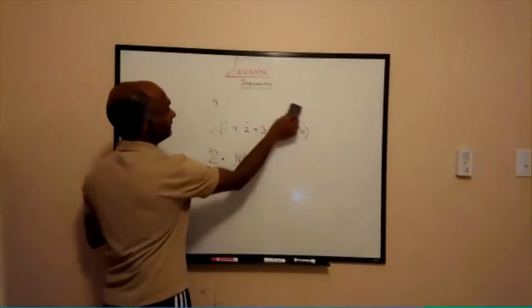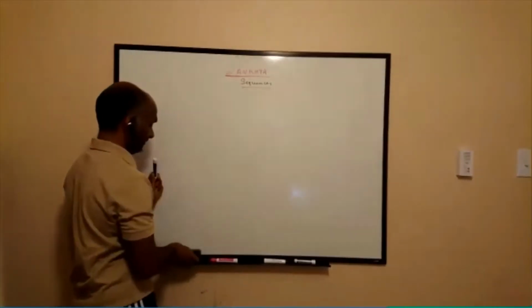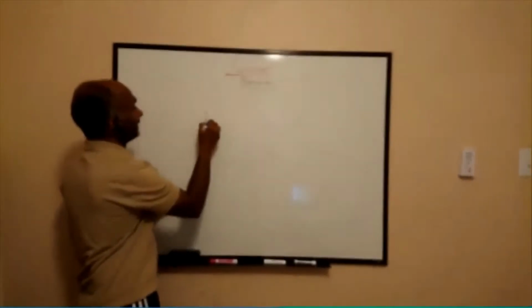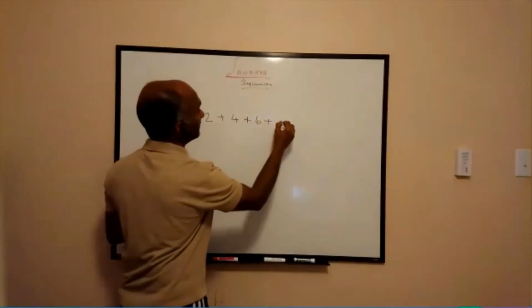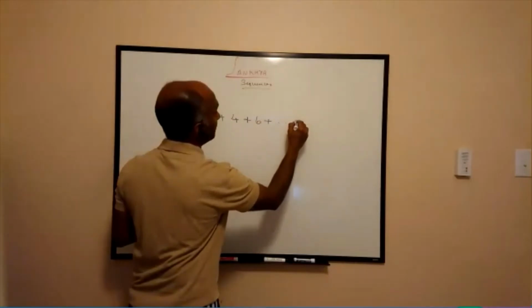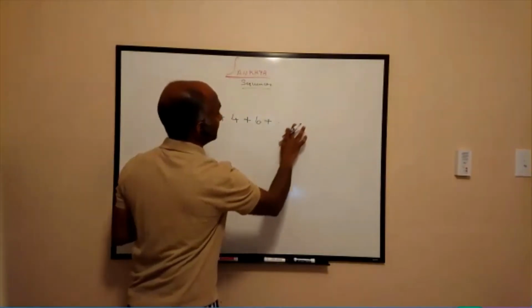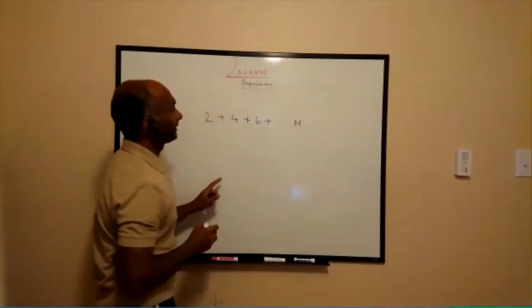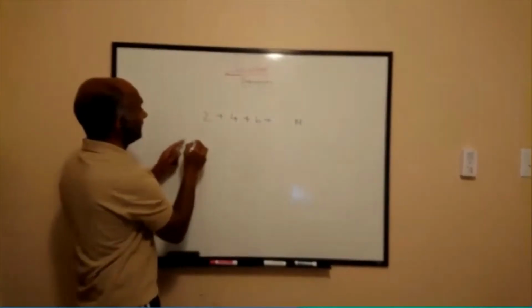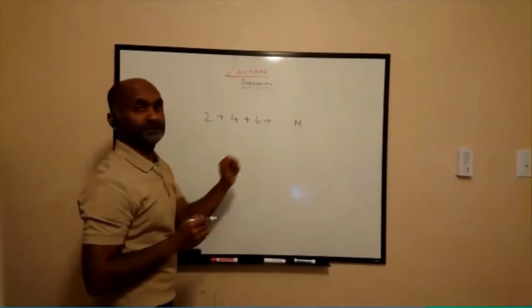I have a question. For the even numbers, why do you put n times n plus 1 divided by 2? So 2 plus 4 plus 6 plus, let's say, up to all the way to 2n. And then I take the factor of 2 out from each of these numbers.